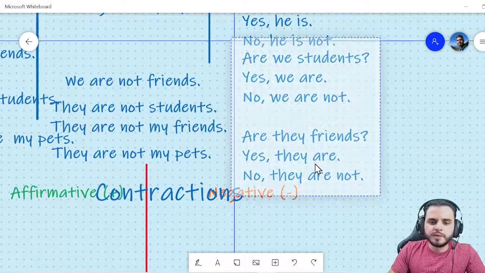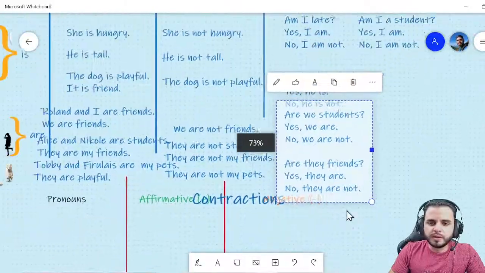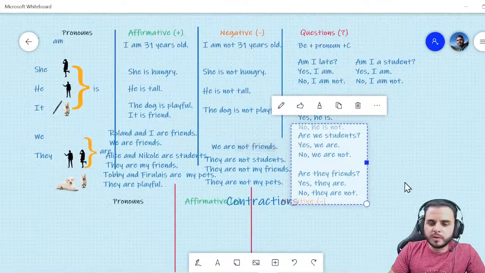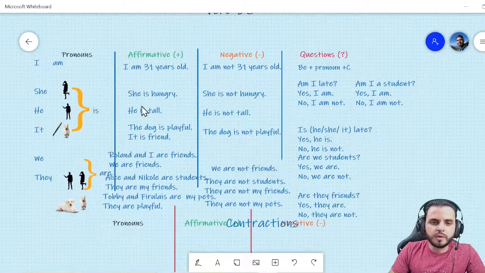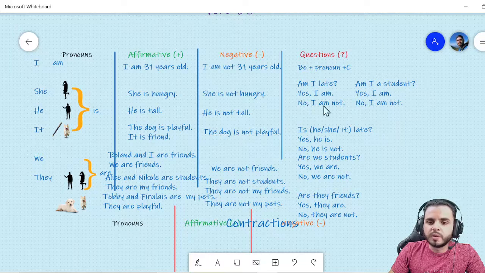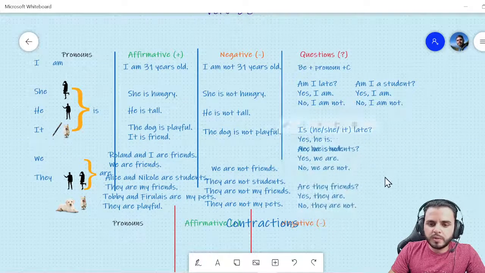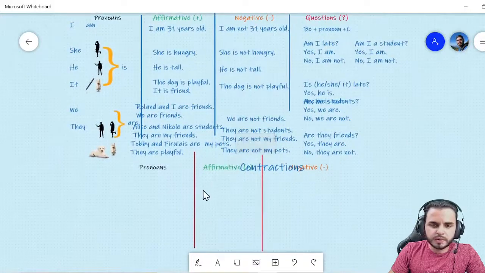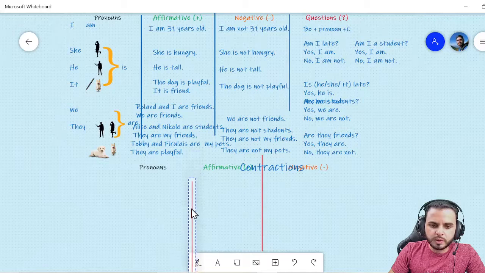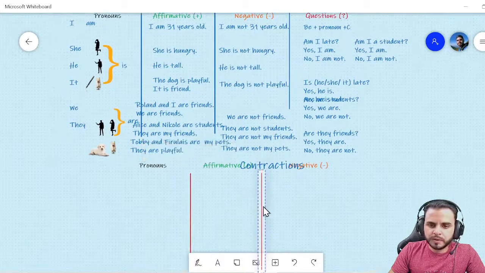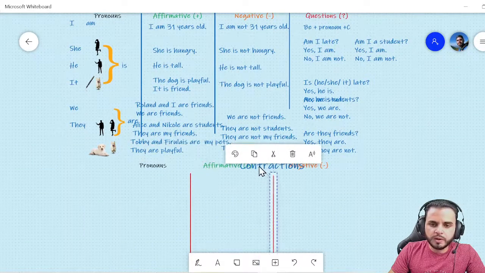Okay, so far we have seen how to formulate affirmative sentences, negative sentences, and also questions using the verb be. Now let me move this a little bit lower to make more room there.